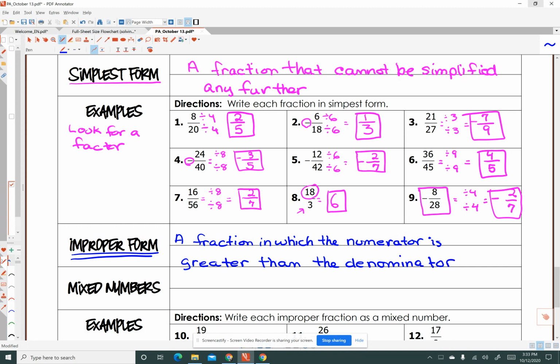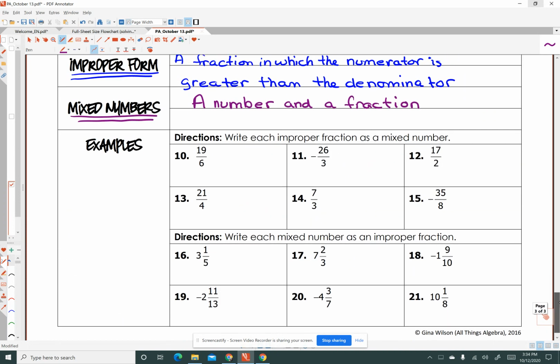Okay, now what are mixed numbers? Mixed numbers are represented by a number and a fraction. So you'll have a whole number and a fraction. Okay, we're going to have some rules to convert from improper fractions to mixed numbers and from mixed numbers to improper fractions. So let's look at some of these examples here.